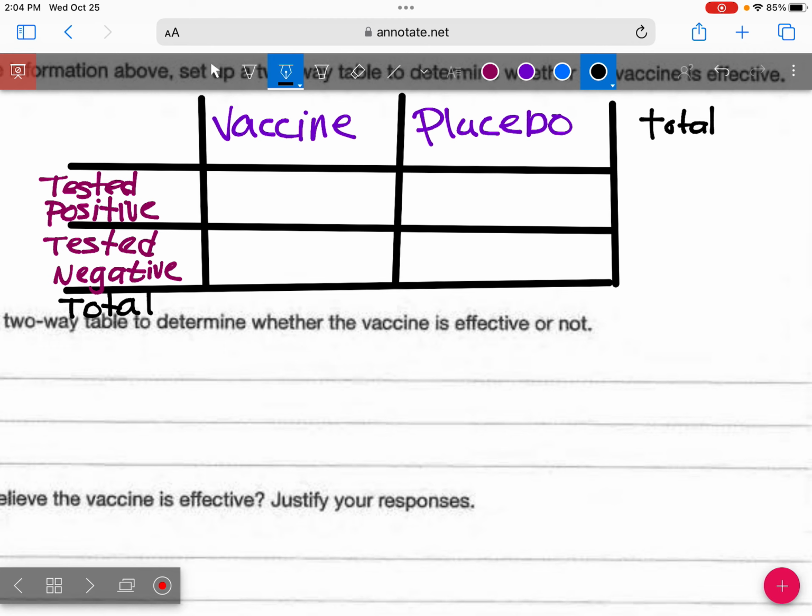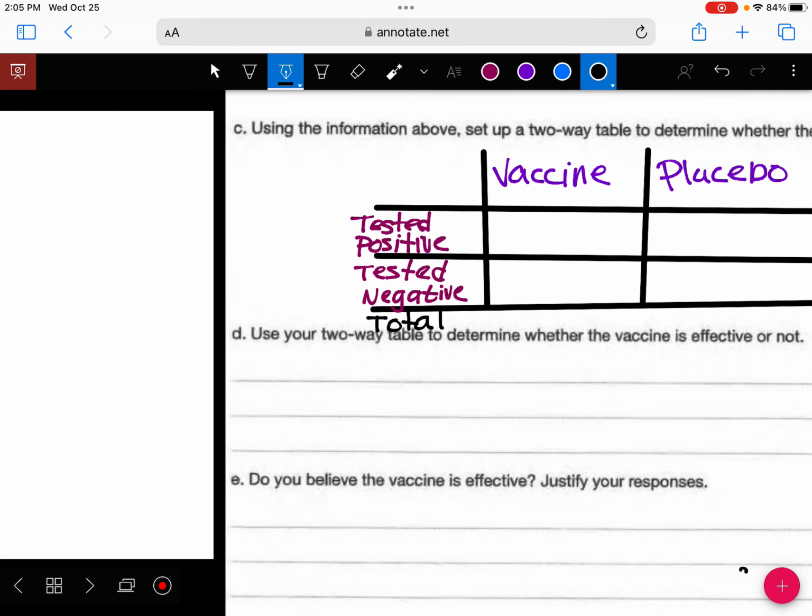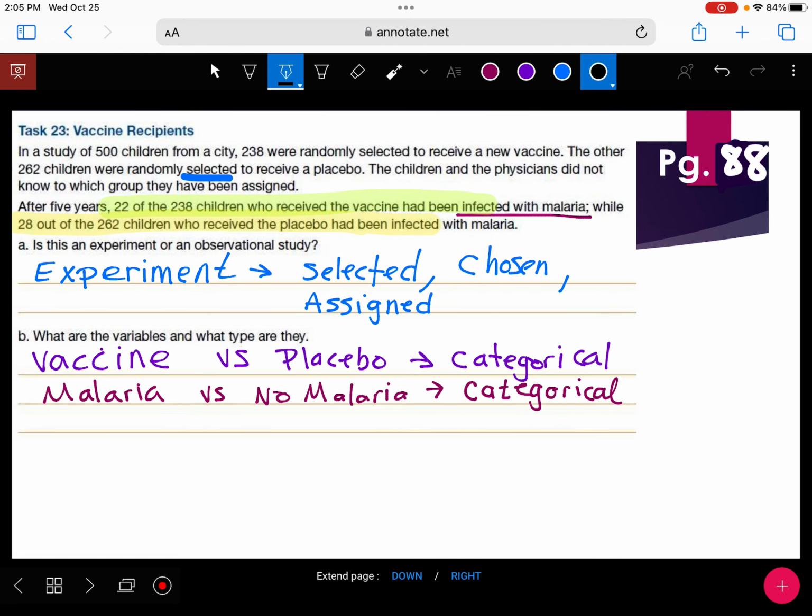So how many people that got the vaccine also tested positive for malaria? You should have it in your table. How many people who got the vaccine got malaria? It says in the paragraph, if I go back a page, that of the people who received the vaccine, 22 did, right?